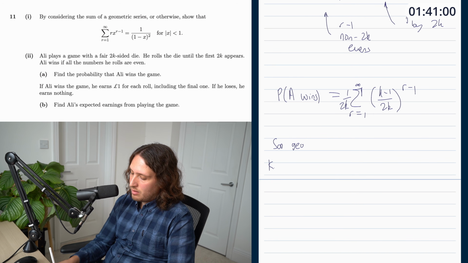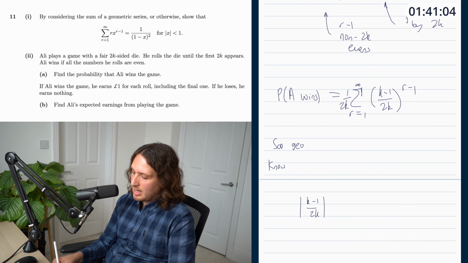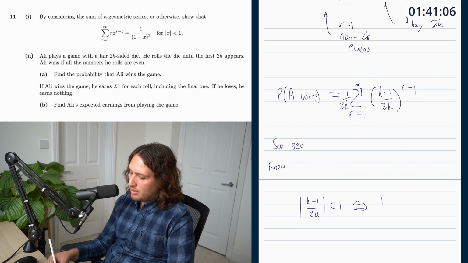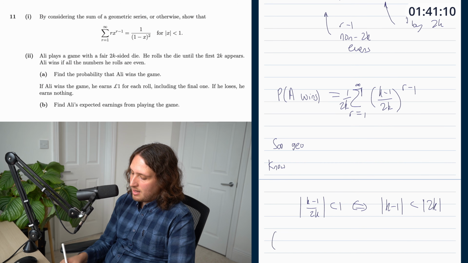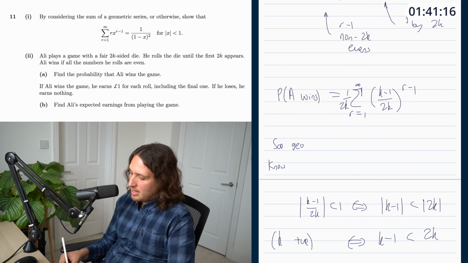I know that the magnitude of (k minus 1) over 2k being less than 1 is equivalent to the magnitude of k minus 1 being less than the magnitude of 2k. k is positive, so that's equivalent to k minus 1 less than 2k. That's equivalent to k greater than minus 1, which is true, so it applies.